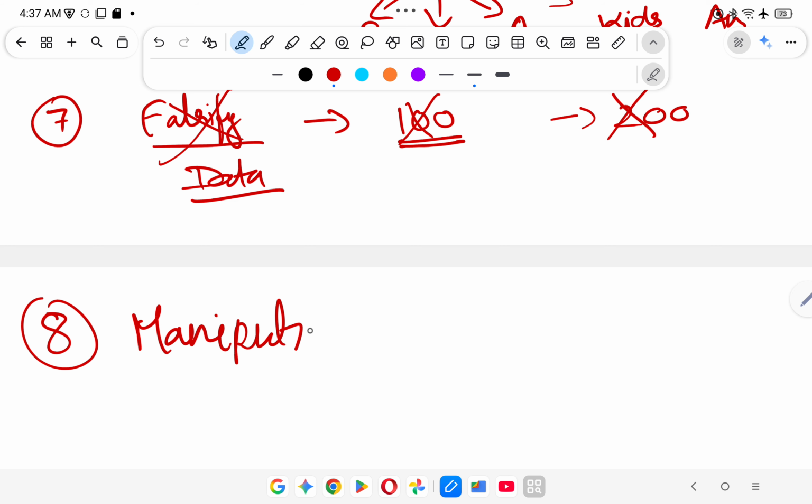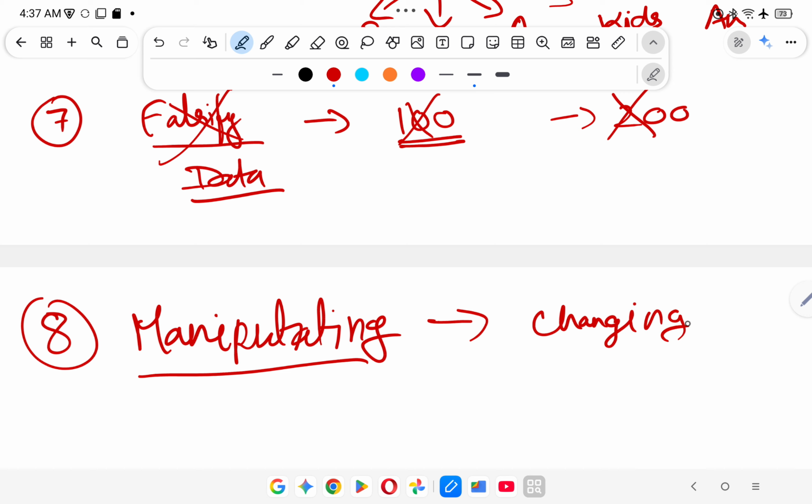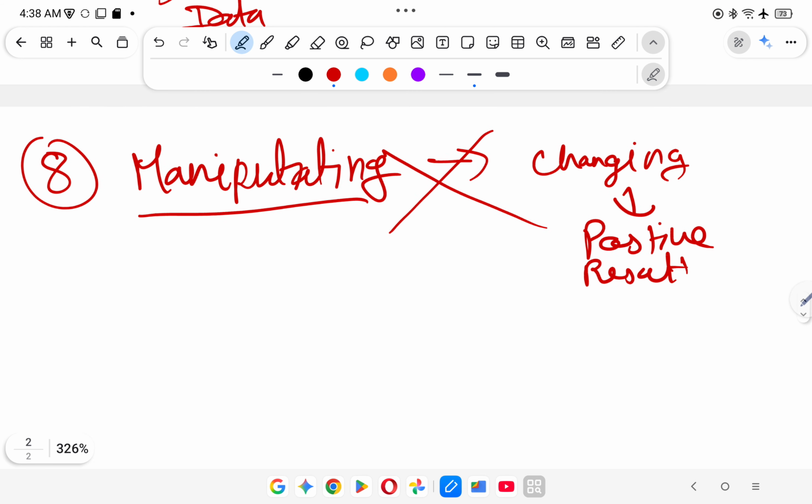Falsifying is, there is no data, you're just creating data. But on the other hand, with manipulating, there is data, you're just changing certain things so that you will get a positive result for your research. So manipulating data is extremely unethical.